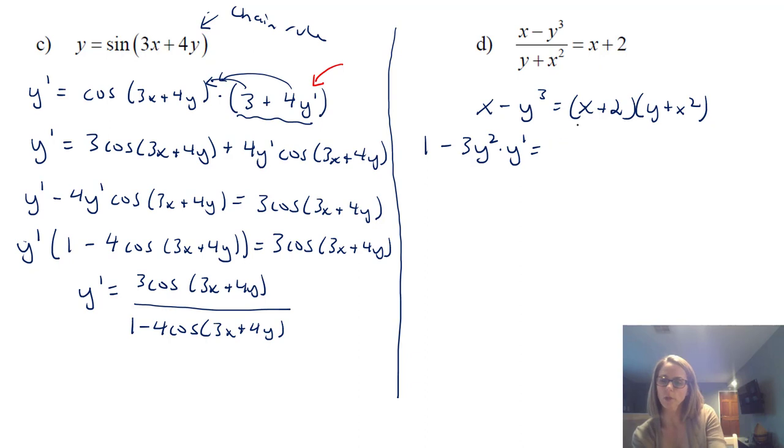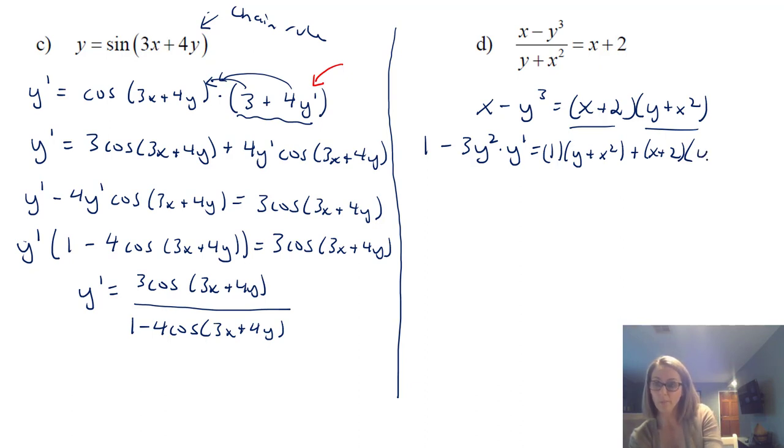So I'm going to take the derivative, so I'm going to see this as one piece and the second piece here for my product rule. Derivative of the first is just 1 times the second, y plus x squared, plus the first, x plus 2, and then I need the derivative of the second. And that's going to be something, because the derivative of y is not 1, it is y prime, and the derivative of x squared is 2x.